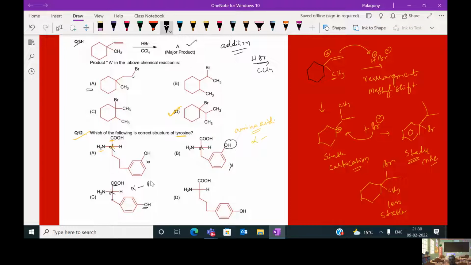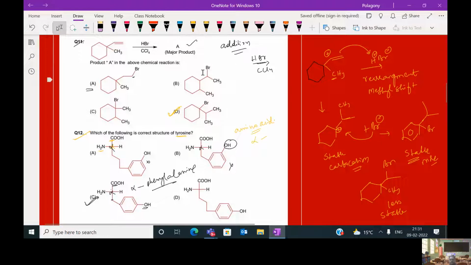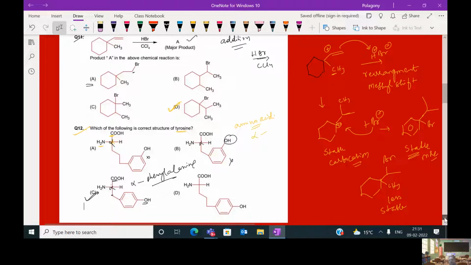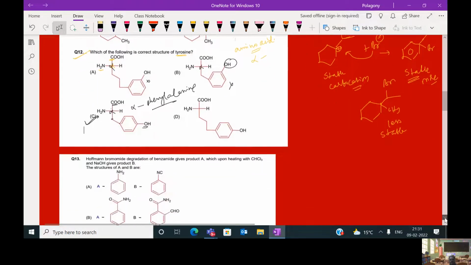So phenylalanine we say this is. So C is the correct option. We can go on. Tyrosine is important for protein synthesis.